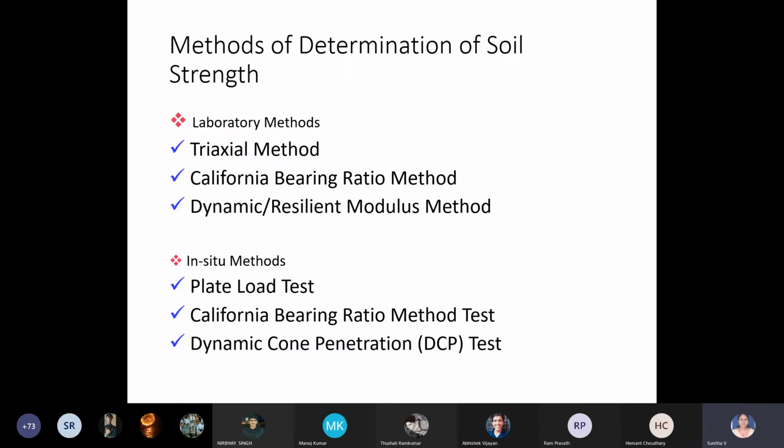The same test can be conducted in the laboratory or in the field, but the field setup is different. You may need a truck for loading, and it should be fitted on the back of the truck. As with the plate load test, you have a different setup for the California bearing ratio method in the field, but it can be conducted in the field also.